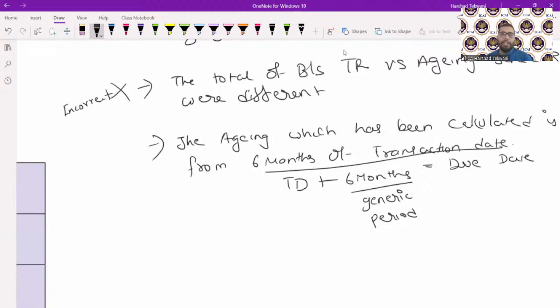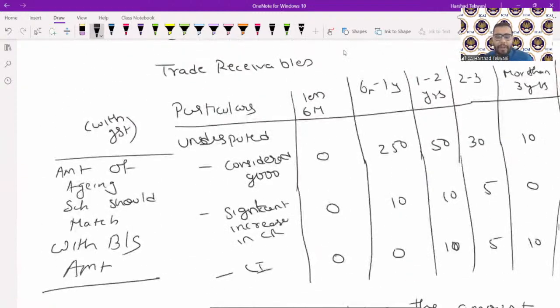The reason is that each and every debtor has a different credit period. So if that credit period or due date is not available, you need to take from the date of transaction. You cannot take this generic period. If I take some generic period, say 6 months, my aging for the first 6 months will be 0, because I'm adding 6 months and it gives an aging from 6 months.